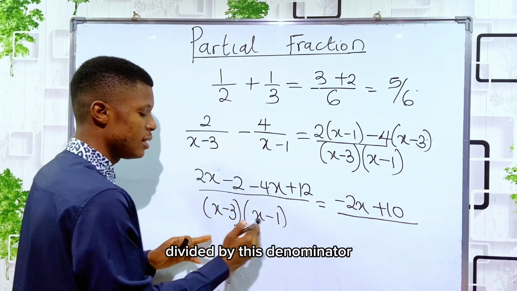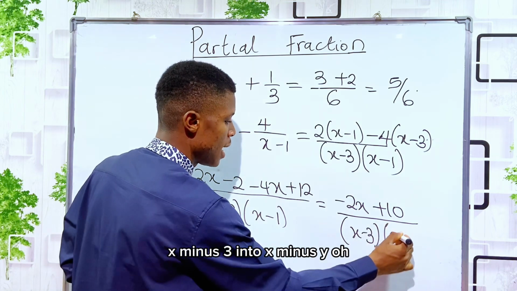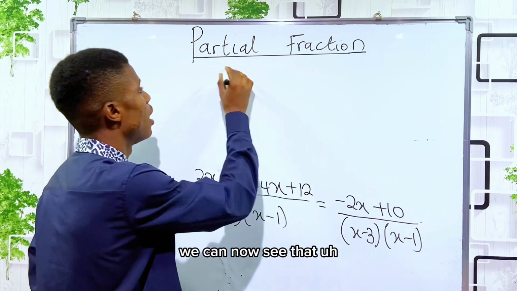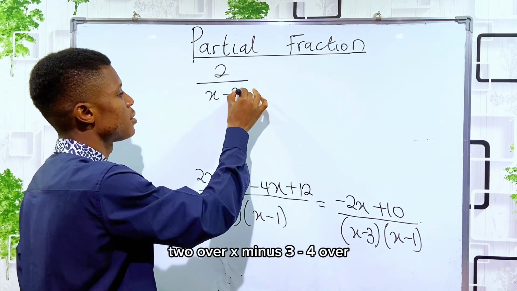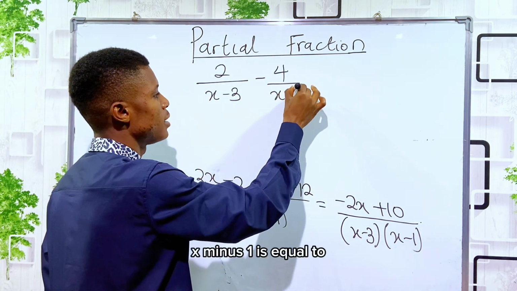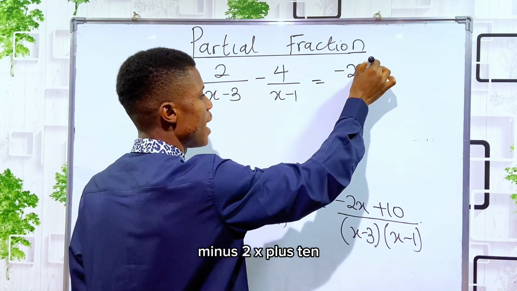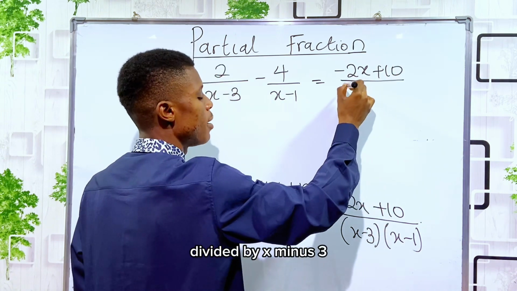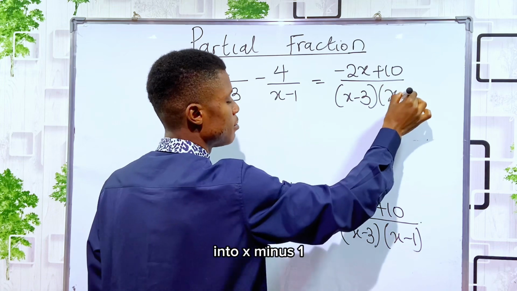Divided by this denominator, x minus 3 into x minus 1. So we can now see that 2 over x minus 3 minus 4 over x minus 1 is equal to minus 2x plus 10 divided by x minus 3 into x minus 1.